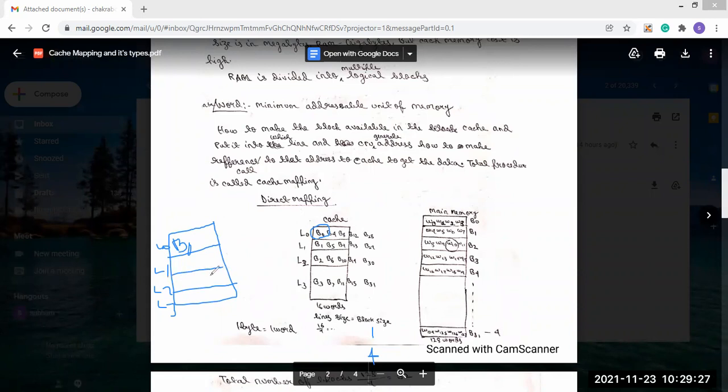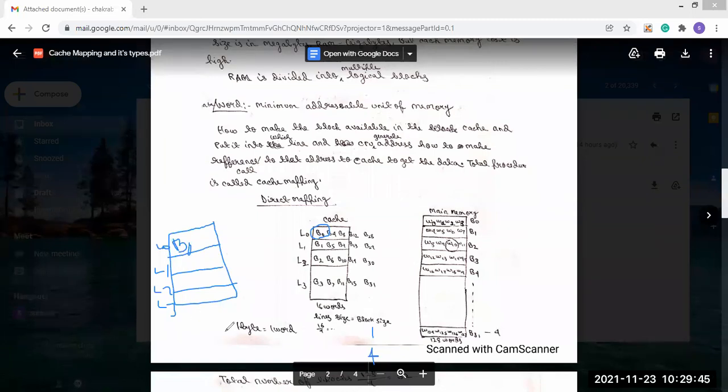Line number 1, line number 2, line number 3 are empty, so you might ask, sir, can we use line 1, line 2, line 3? We could accommodate it there because they are empty.